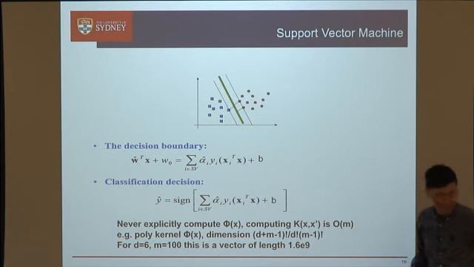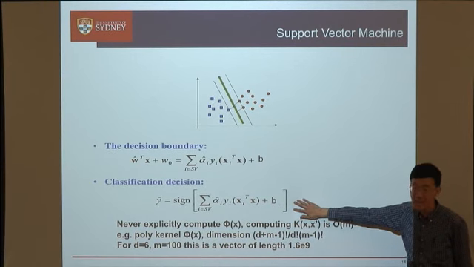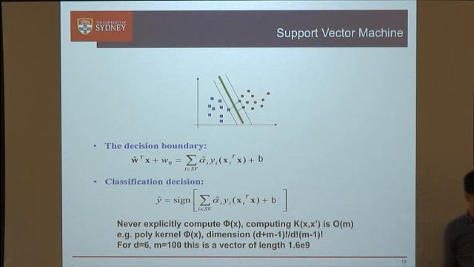So if we do it this way, then this is a linear function. How do I turn it into a kernel version? Well, I take those x's and I project it to this high-dimensional space.